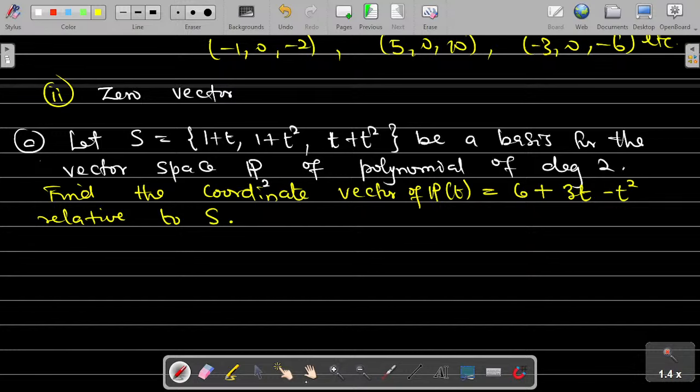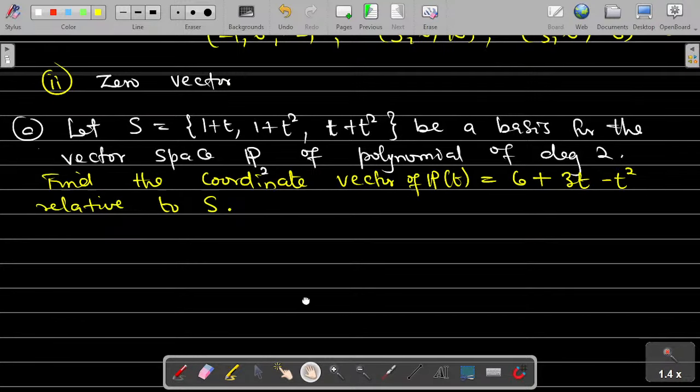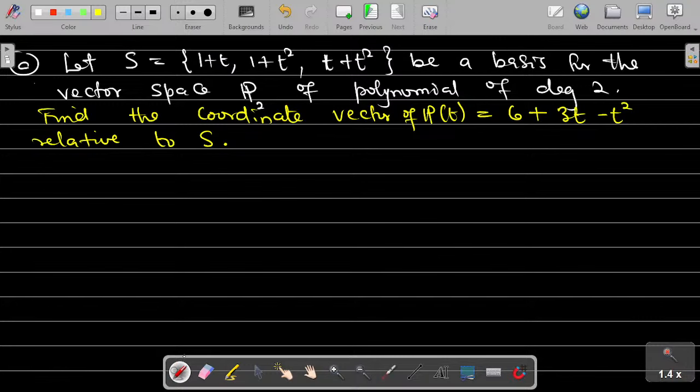We have done examples like that using normal vectors and not polynomial vectors. So here, we are simply to express this vector p as a linear combination of the basis that we are given.